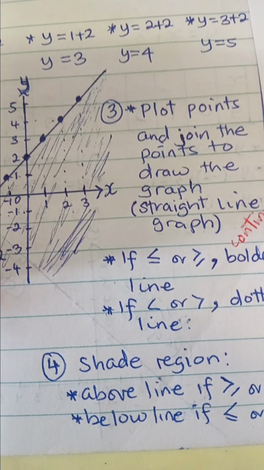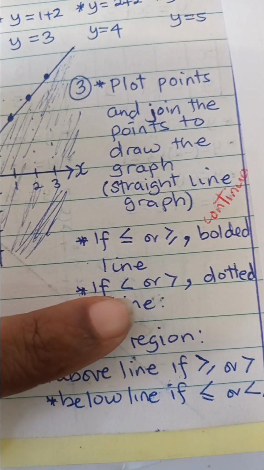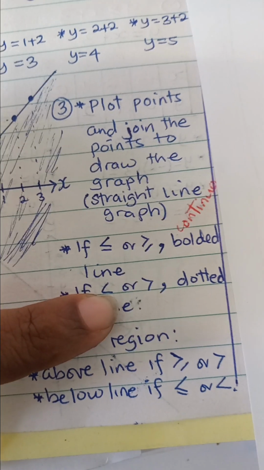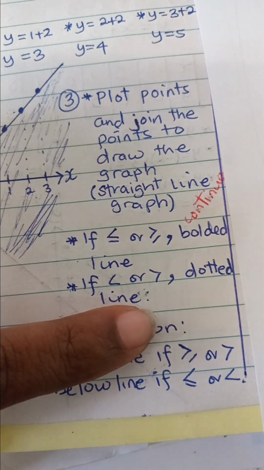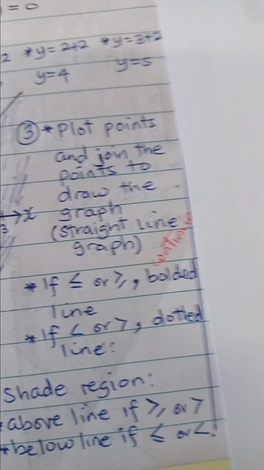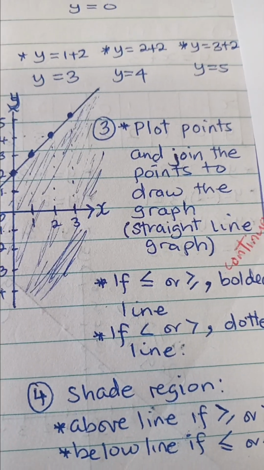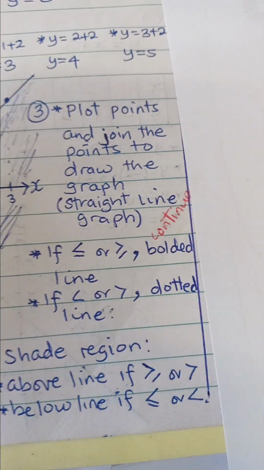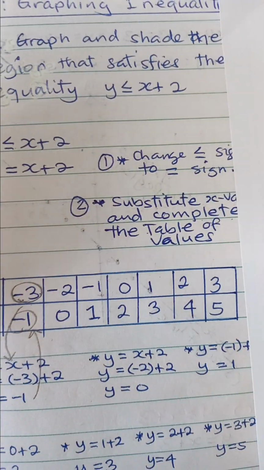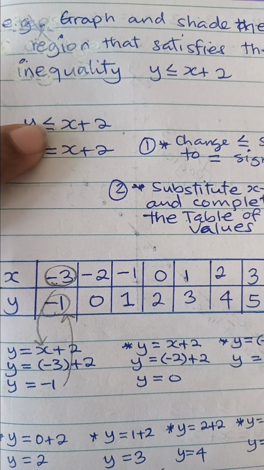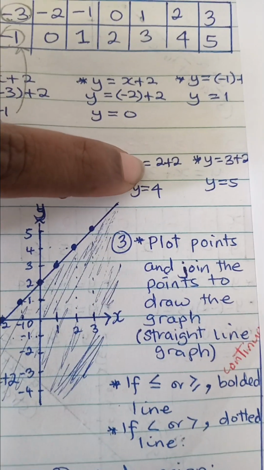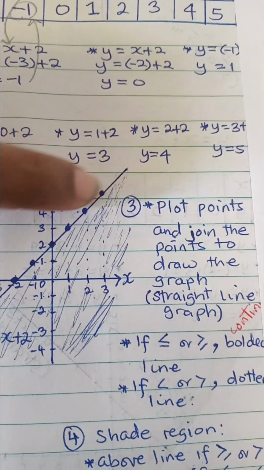On the other hand, if there is no equal to sign in the inequality symbol, so you have just less than or greater than, then your line should be dotted, like dash dash, breaking in parts. According to our question, we have y is less than or equal to, so our line is a bolded, continuous line.